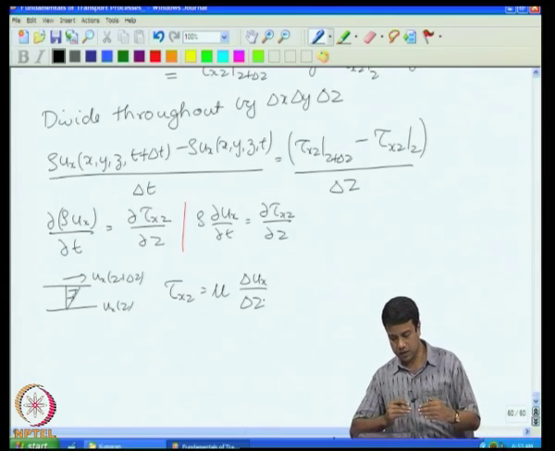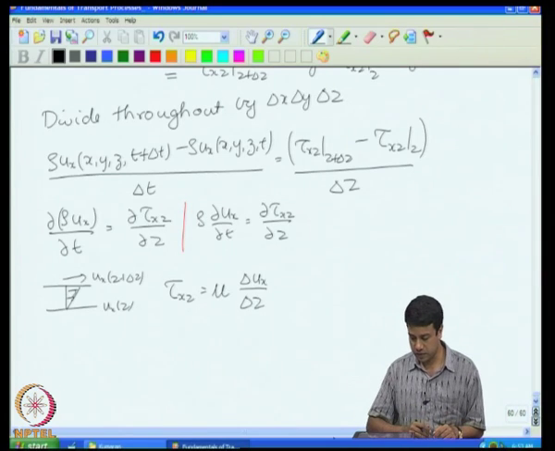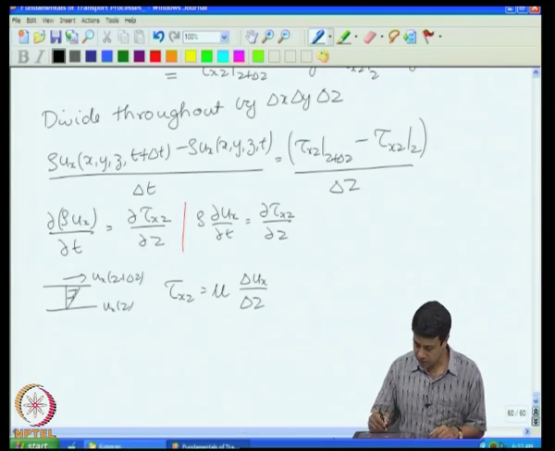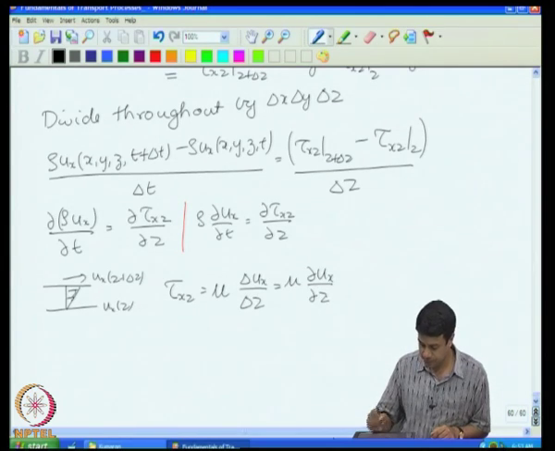The change in velocity divided by the separation of the two locations. Take the limit as delta z goes to 0, and you will get this as mu times d ux by dz.